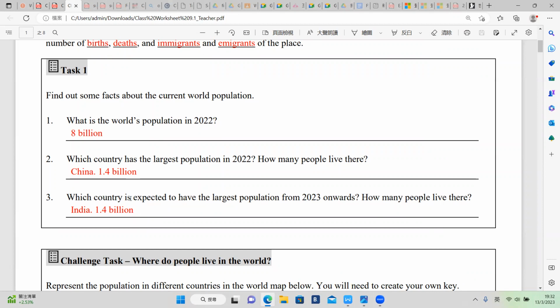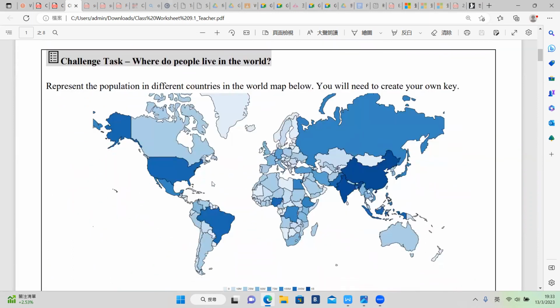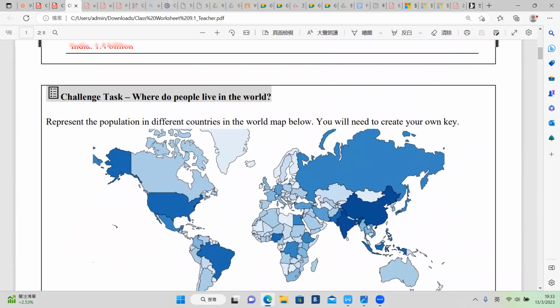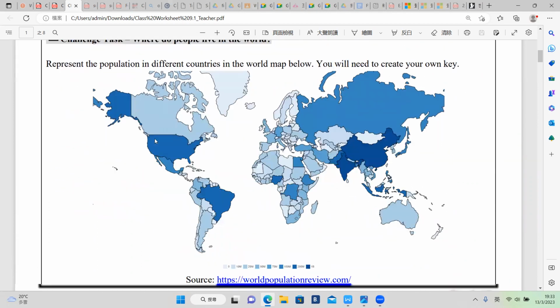There is only the projection that India will have more population than China in April of 2023, which is a very historical milestone, the very first time that India becomes the country with the largest population in the world.